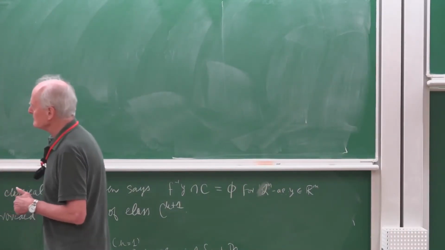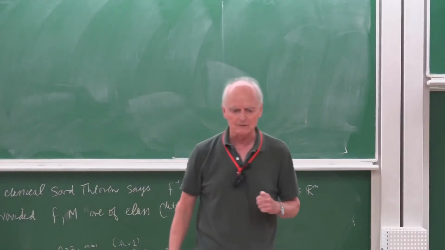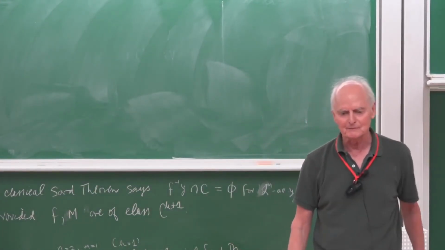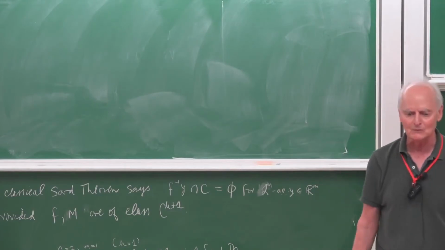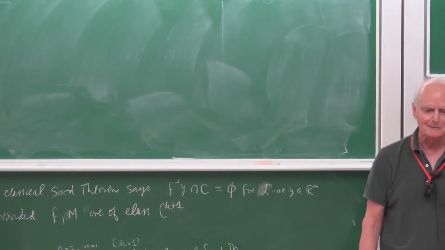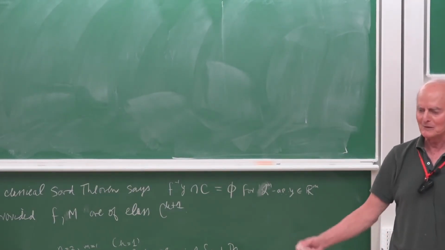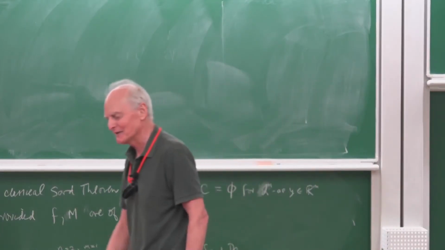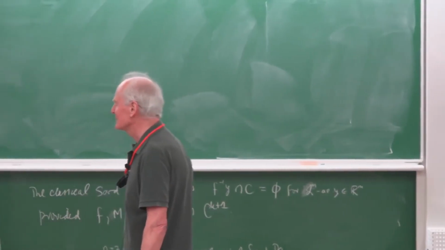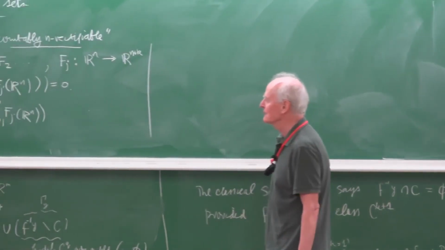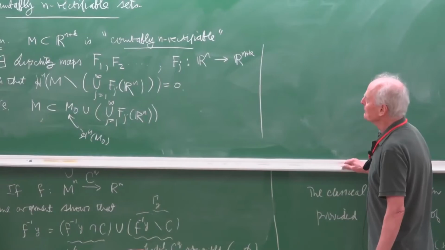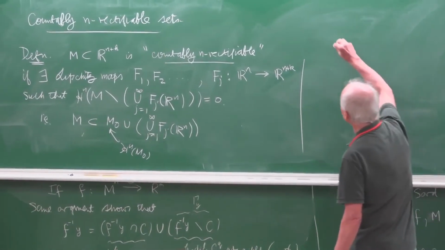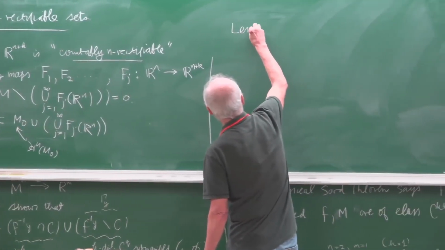So anyway, that's the definition. It doesn't really say much, and it looks sort of uninteresting, at least to me. Just being contained in a countable union of Lipschitz images doesn't look very interesting, right? But I want to show you that there's actually a very interesting structure for these things. So the first lemma gives you a hint of that.